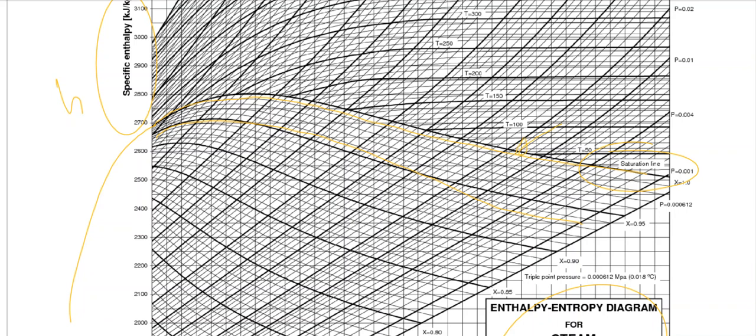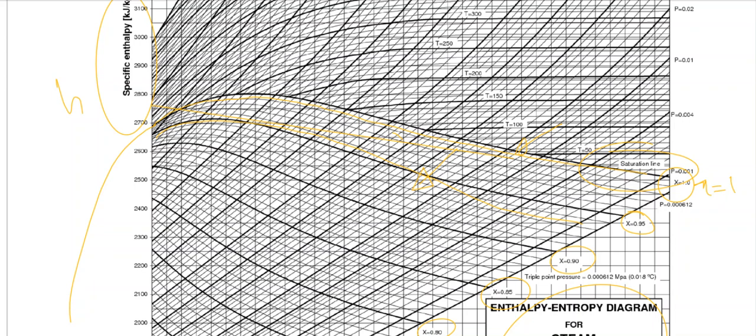At the saturation vapor line, the value of x, the dryness fraction, is equal to 1. So I have a line of 1 somewhere here, this one. Now if I move inside the vapor dome, the value of x decreases. So I have different lines over here, 0.95, 0.90, 0.85 and 0.80, and obviously there are a number of other lines passing in parallel to these lines. So these are our saturation lines.